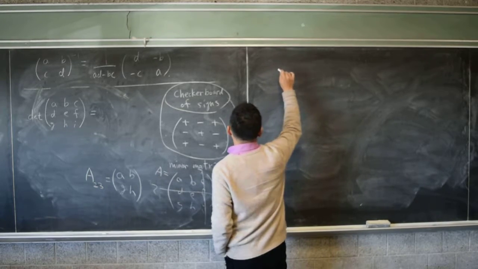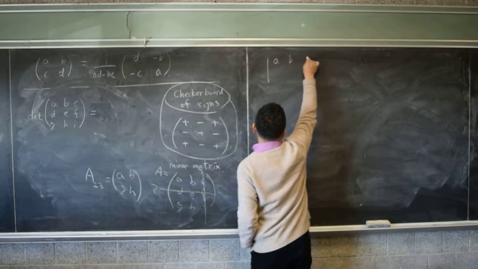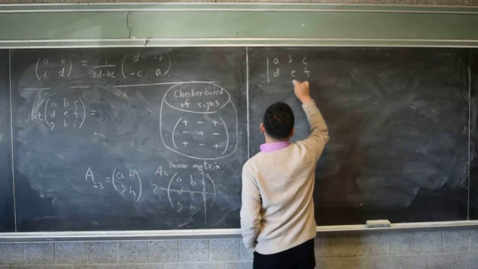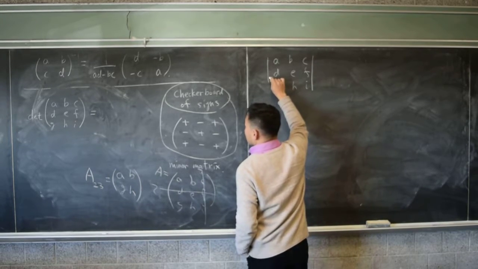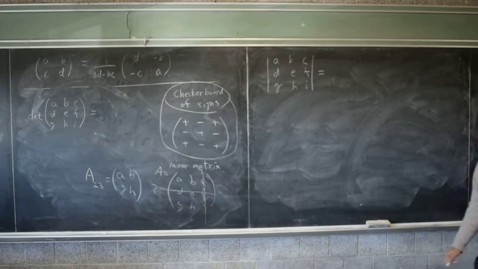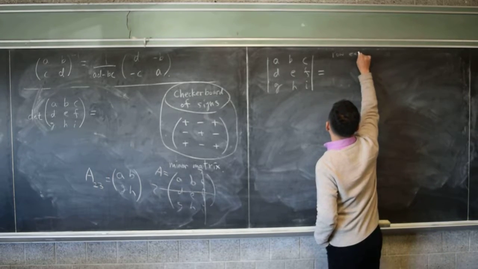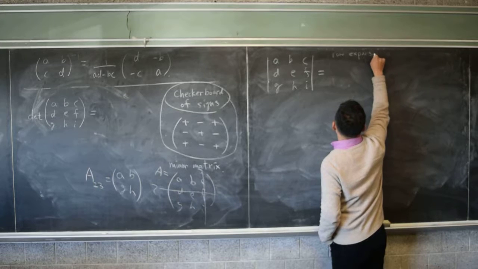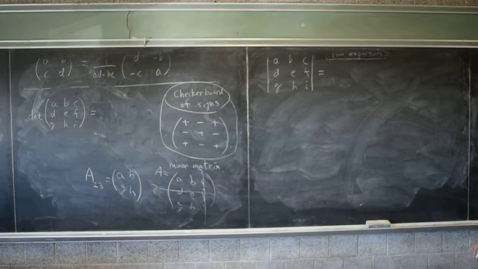And then it goes like this. The determinant of A, B, C, D, E, F, G, H, I is given by a process called a row expansion, which is done by the following procedure.